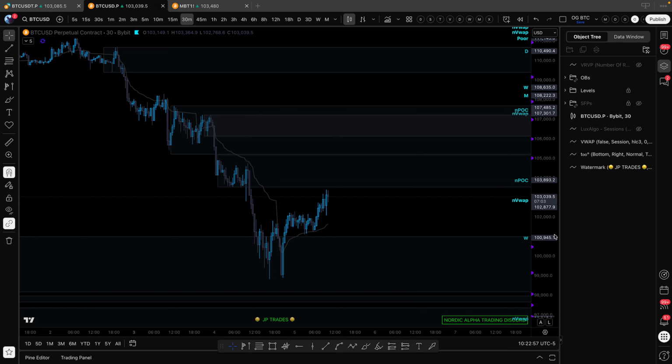As far as local plays, I really like this naked point of control for a scalp, maybe back down to VWAP.